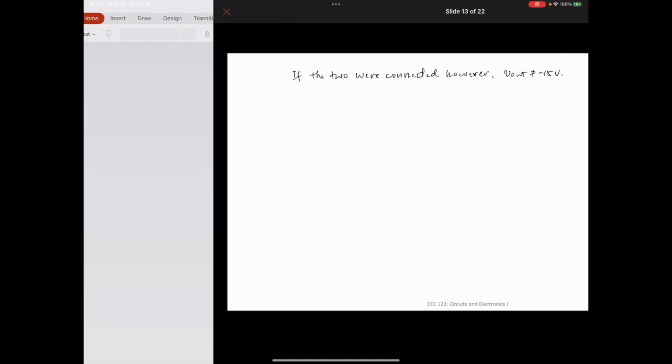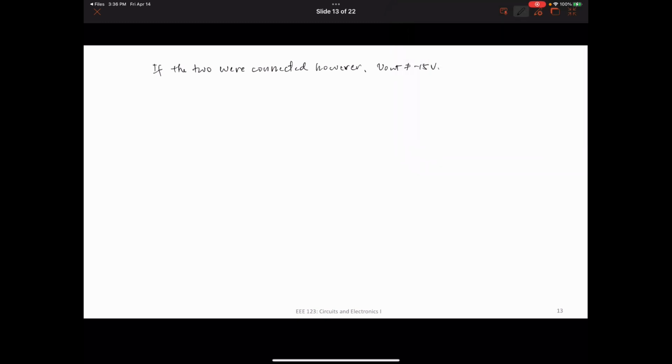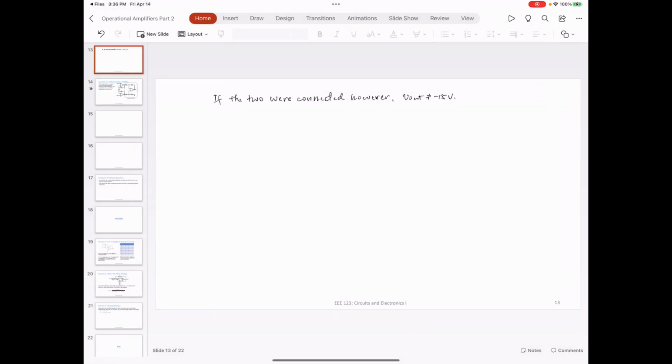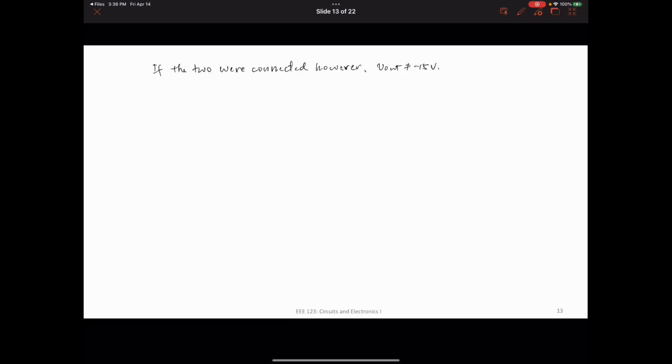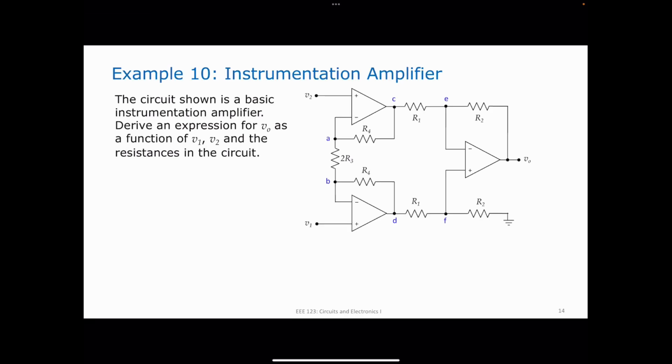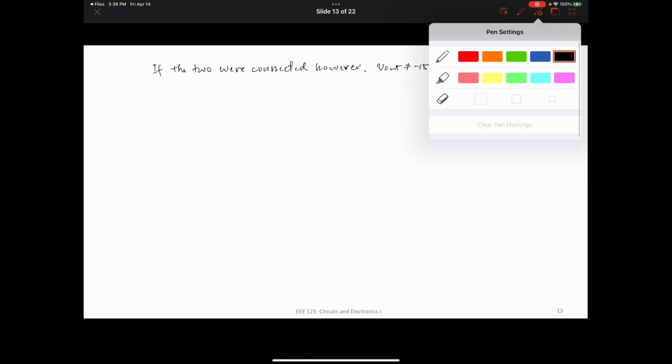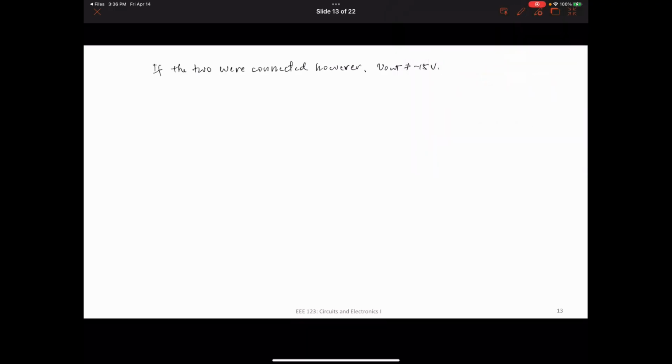If the two were connected, however, Vout is not going to be equal to minus 15 volts. Why?